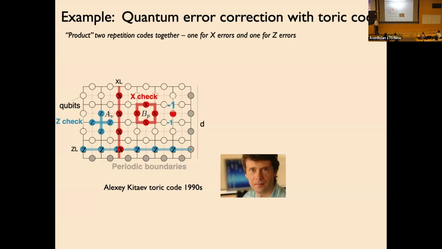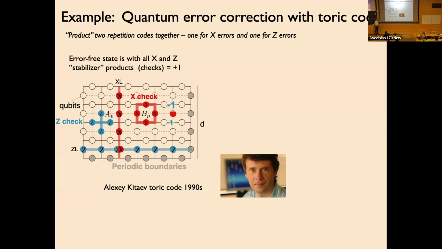And so basically you define the computational stabilized subspace as an eigenstate of all of these operators, which by the way commute with each other, and they should all be +1. These are like these parity checks.